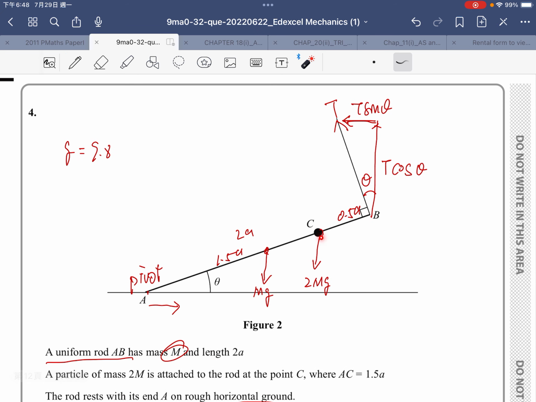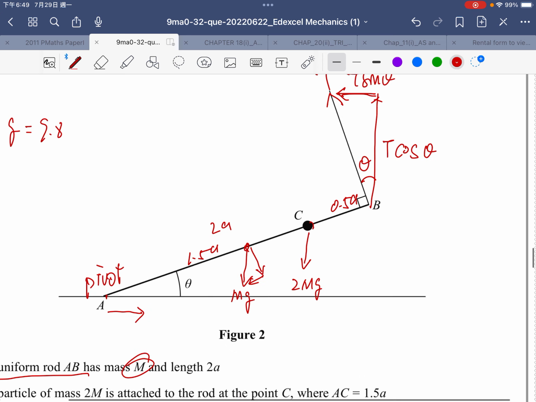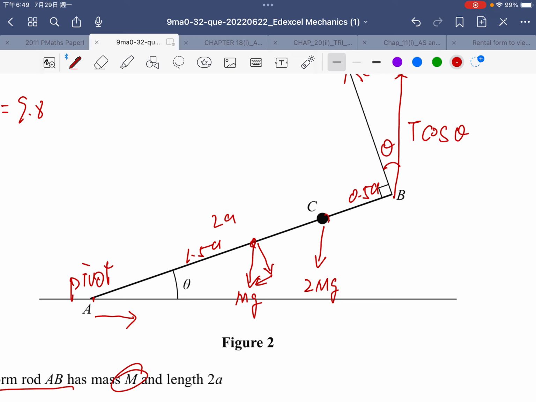Therefore, we decompose these two forces into two directions. One direction is opposite to the tension, so we can calculate the total force in equilibrium. This can be decomposed into this one and this one, and this is theta.